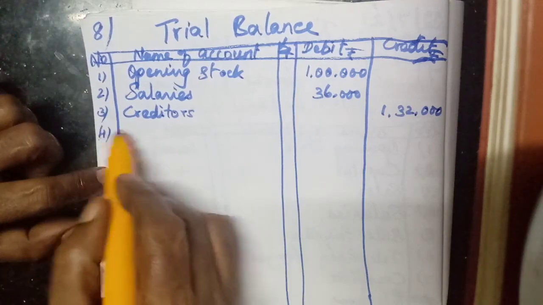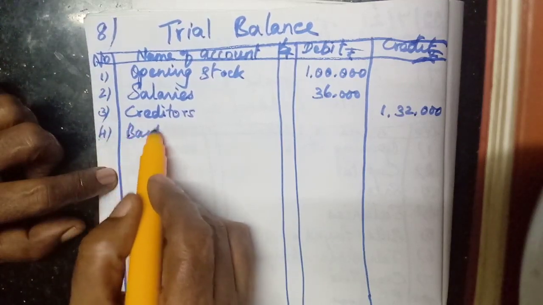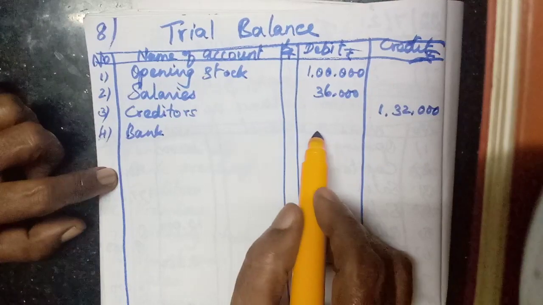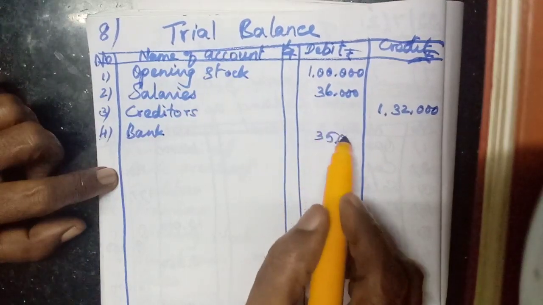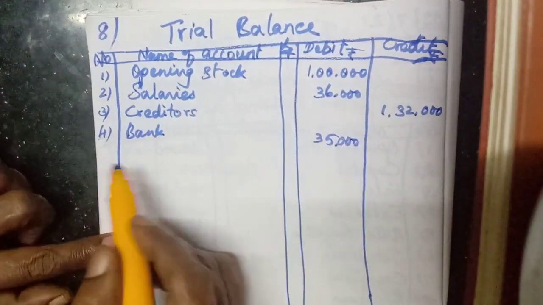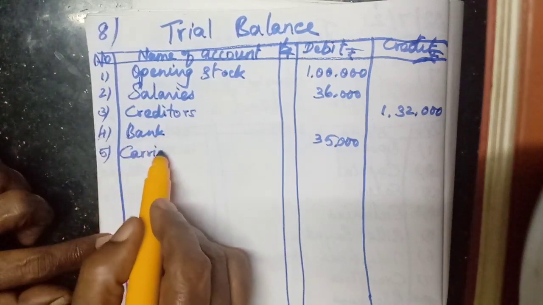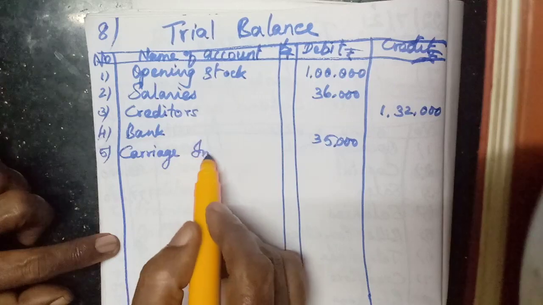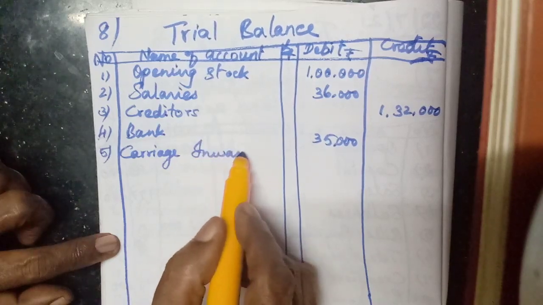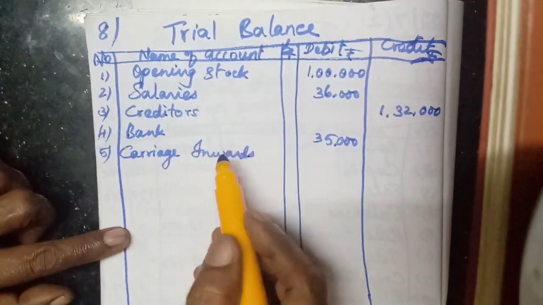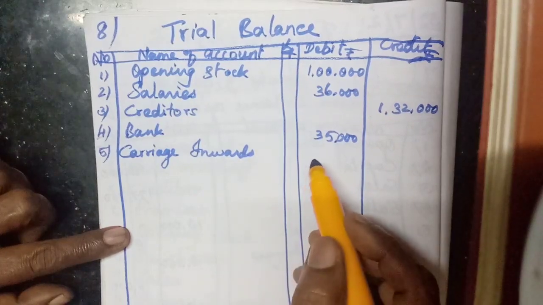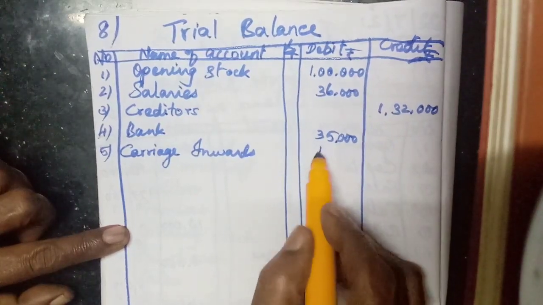Bank is debit only, 35,000. Carriage inwards. Carriage inward expense. Okay, debit. 18,000.